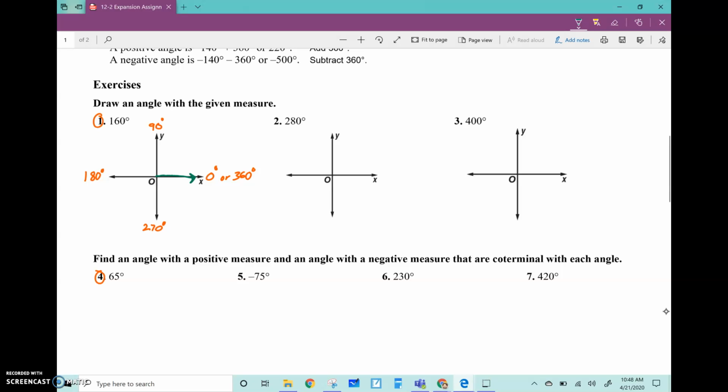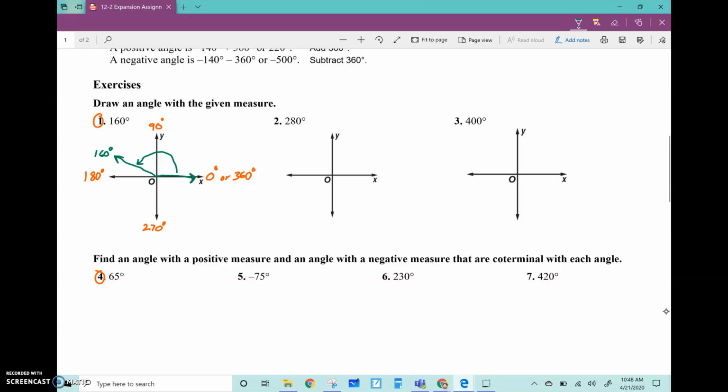With this digital app, you can ballpark it. It doesn't have to be precise. I just want to see if you can plot it in the zone where it goes. Right about here is 160 degrees, and that is a counterclockwise rotation. And that is how you will practice numbers 2 and 3.